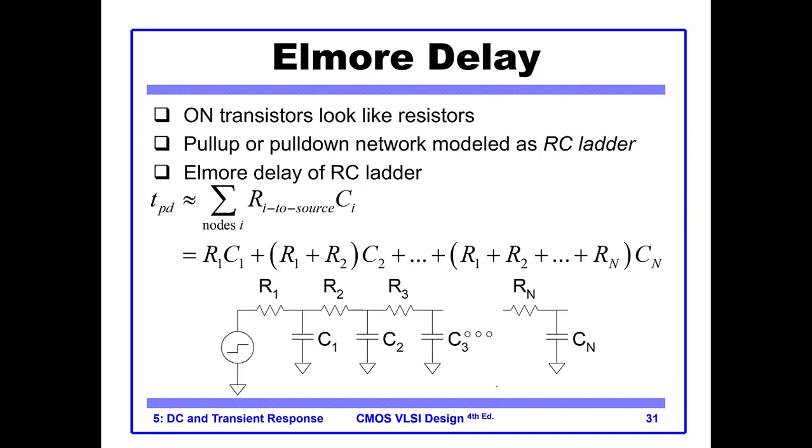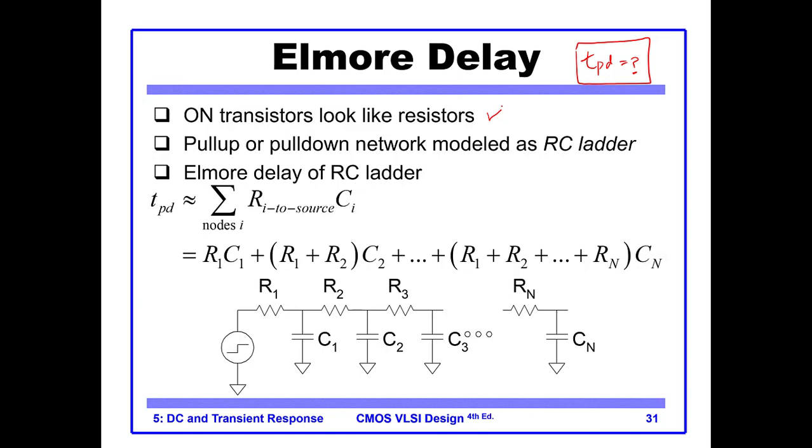Now our goal is to calculate the propagation delay, and before we can do that, we can use something for delay calculation that is called Elmore delay. So all the on transistors look like resistors. When the transistors are on, you just see resistors and capacitors.